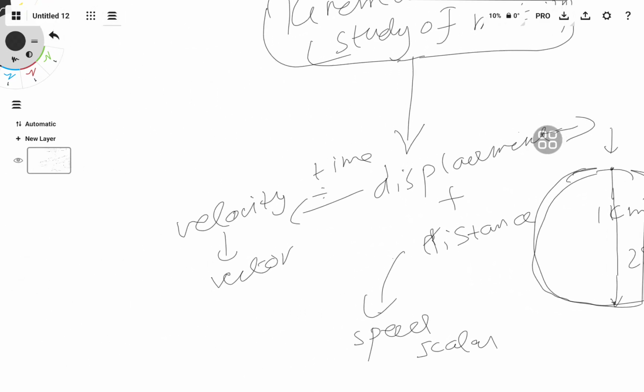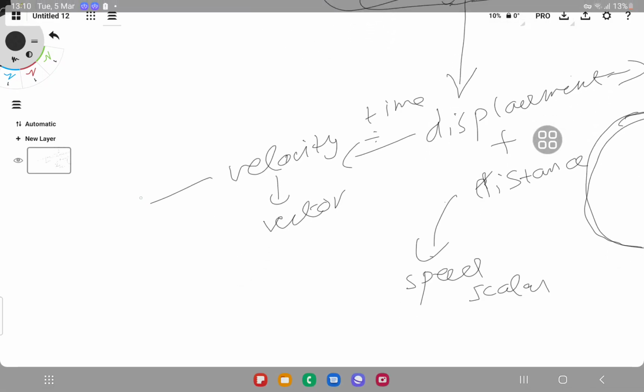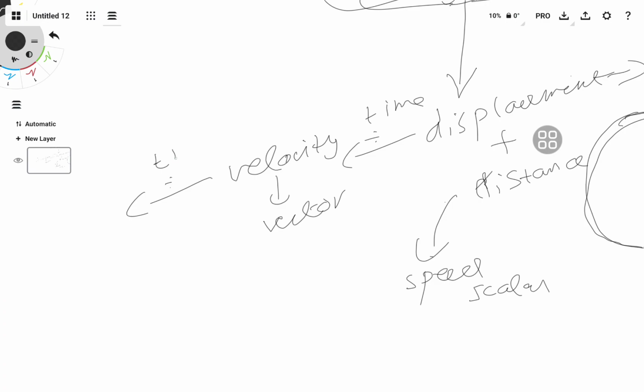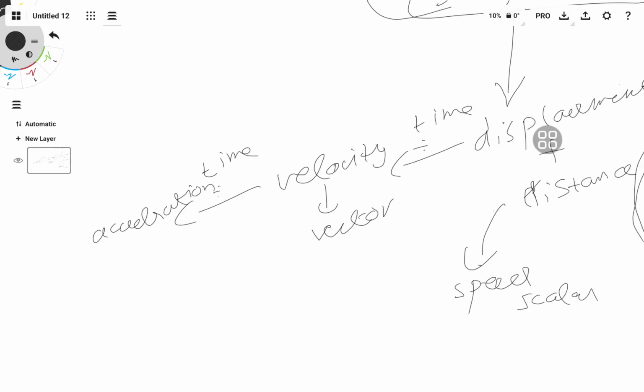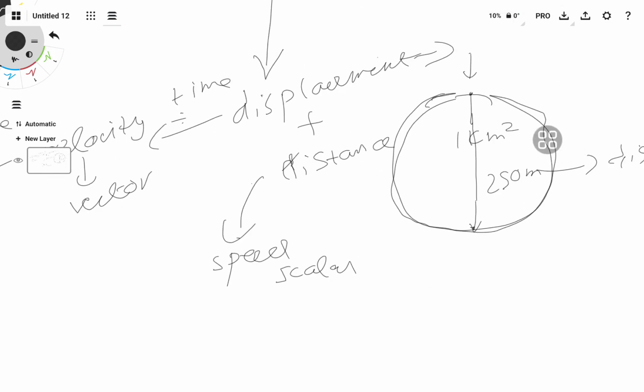If we divide again by time, we will get acceleration, which is the rate of change of velocity, while velocity is displacement over time, and speed is distance over time.